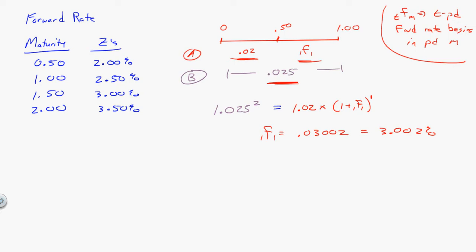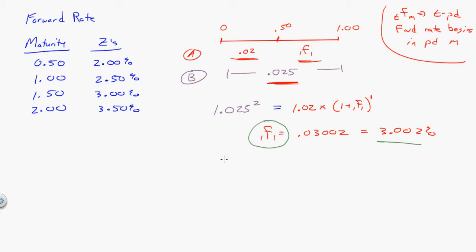Okay, so let me ask you this: what if you knew, and you don't know? Remember, you don't know this rate. I'm trying to predict the future spot rate. And I'm saying if the future spot rate is equal to this, I'm indifferent between the two.